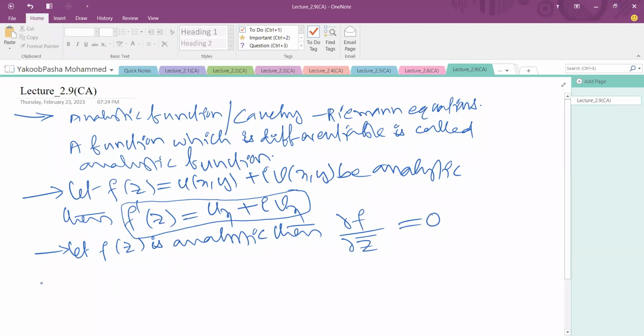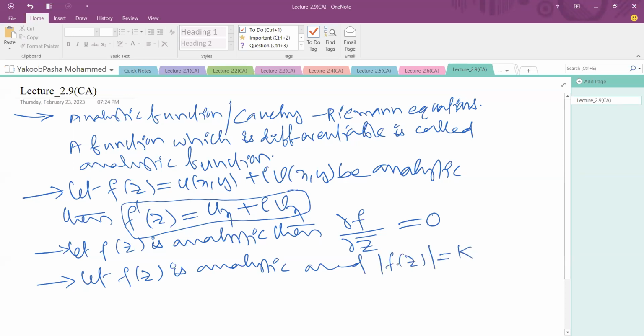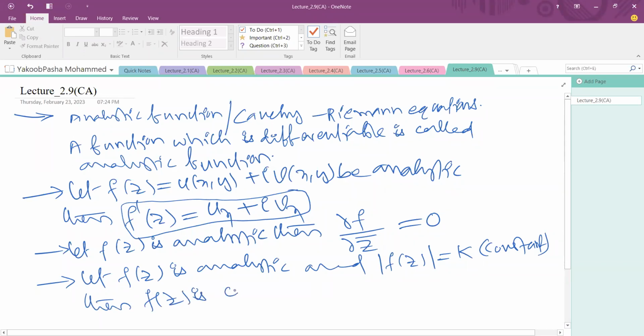Now we take f of z analytic, and modulus of f of z is equal to k. The modulus of f of z is constant, where k is a constant. Then the function f of z is constant.